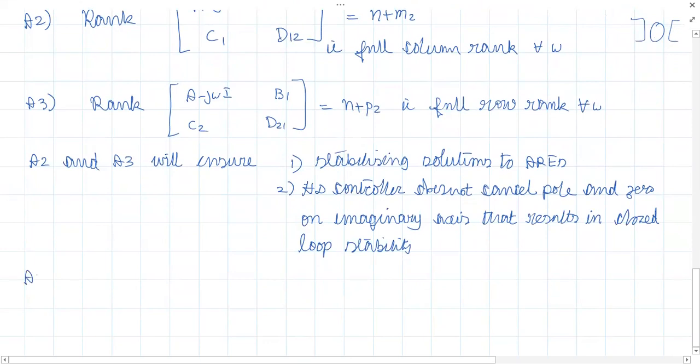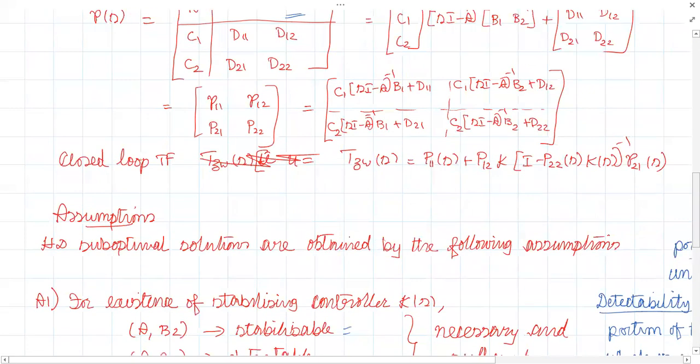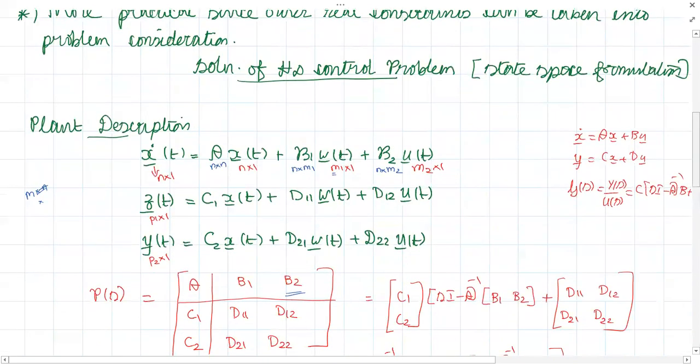Then the fourth one. Rank of D12 matrix must be full column rank. That means it must be equal to M2. And rank of D21 must be full row rank. What's the size of D21 matrix, by the way? Any idea? What's the size?